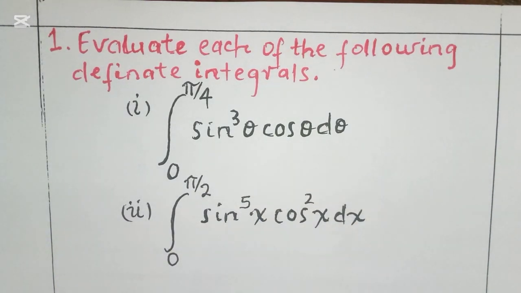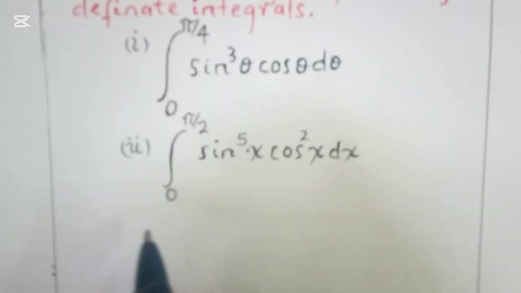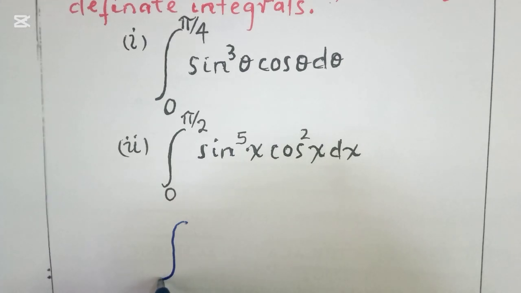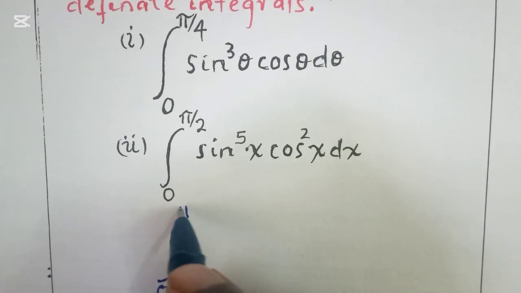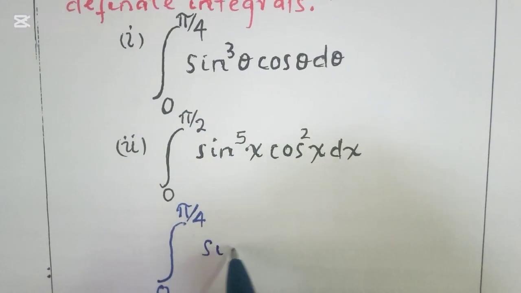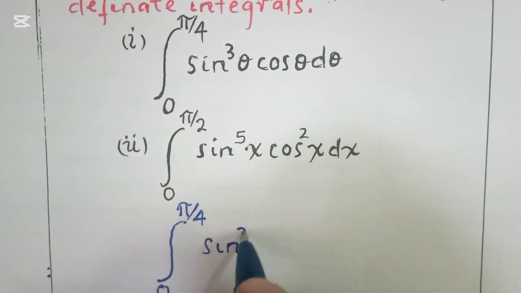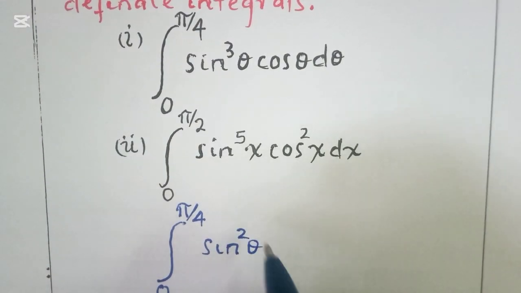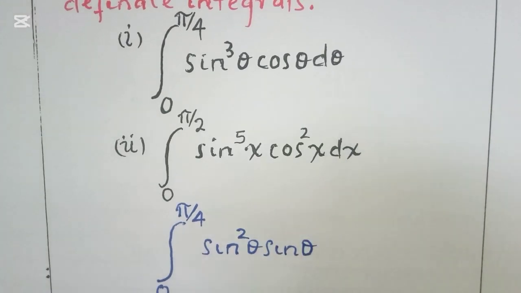So I'll come here and write, alright, this is 0, then we have pi over 4. I can change this one to be sine squared theta, and then sine theta, like that.